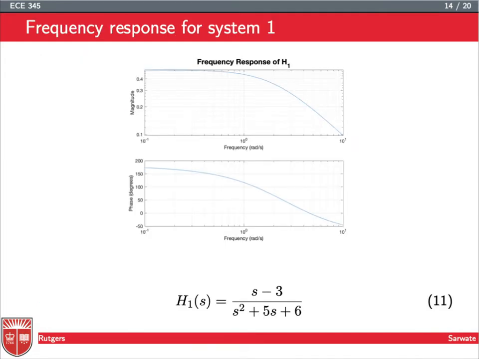Okay, so let's look at what happens when I plot the frequency response. Notice if you use the freqs function, it's going to produce a plot, and you might want to use the same trick we did before to grab the line object and make it a bit thicker. I didn't do that here, so you can see these lines are pretty thin, but we can see this frequency response of H1. So what is it doing? The magnitude is staying kind of flat for a while, and then it decays off, right?